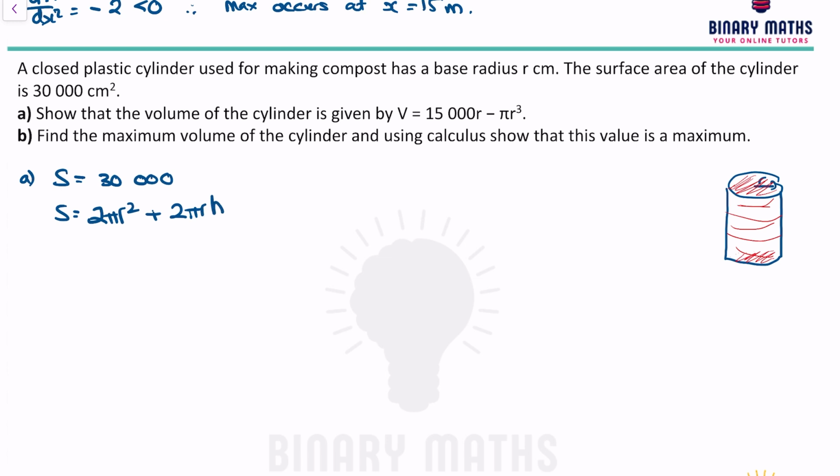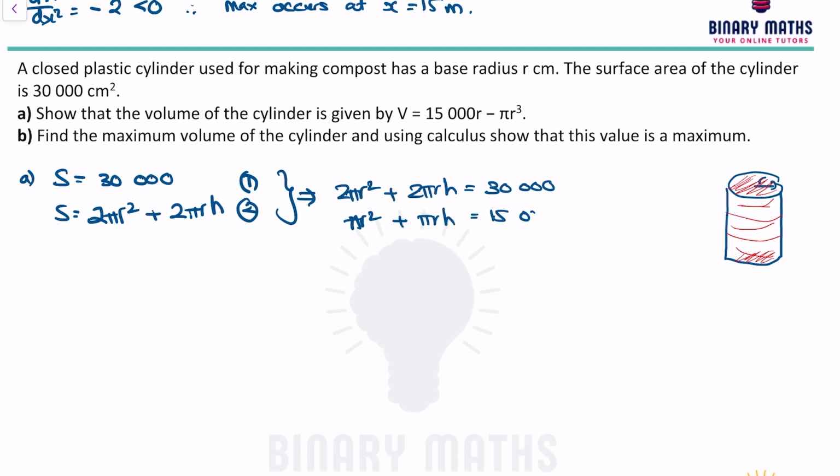Okay, now if we combine these two, because they're both representing surface area, we get 2 pi r squared plus 2 pi r h is equal to 30,000. If we divide by 2, I get pi r squared plus pi r h is equal to 15,000. Because if I look at what I'm aiming for, there's no h there, that means I need to make h the subject of the formula.